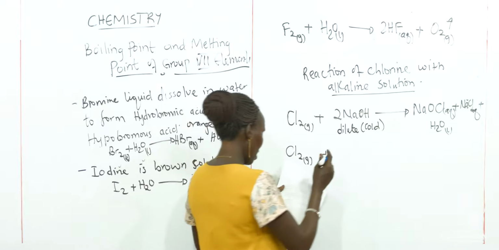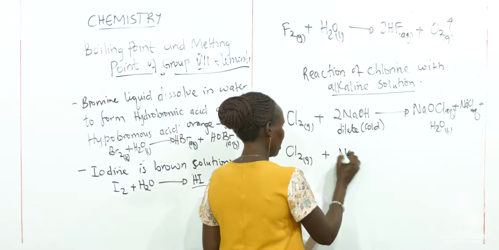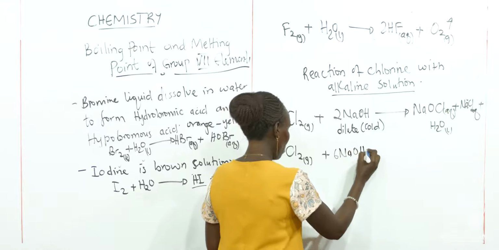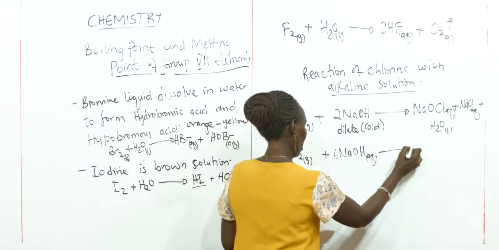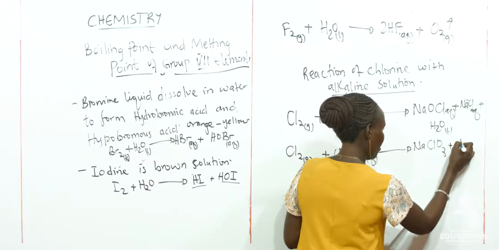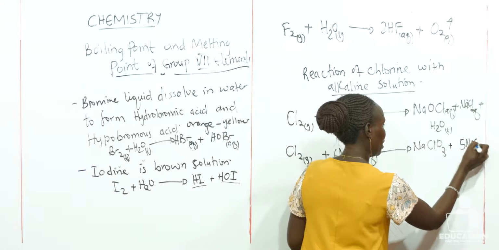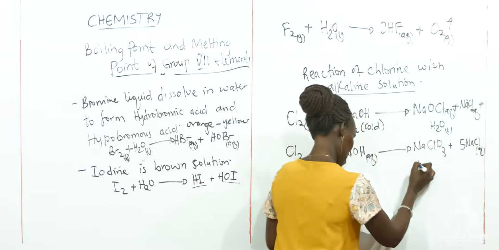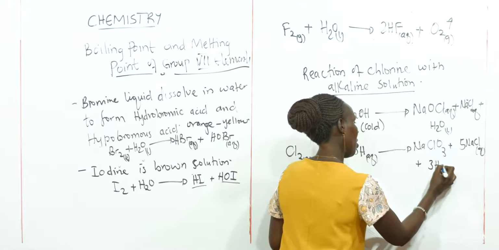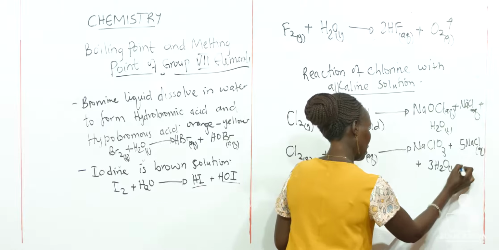So here we are going to have 6 molecules of sodium hydroxide giving us sodium chlorate and 5 molecules of sodium chloride, which is aqueous, plus 3 molecules of water, which is a liquid.